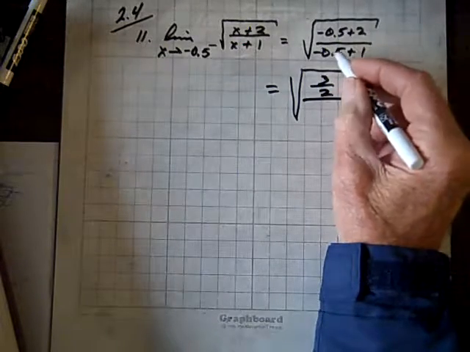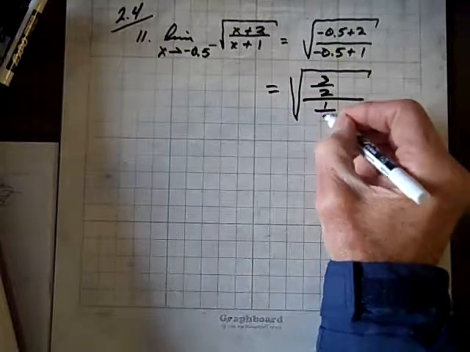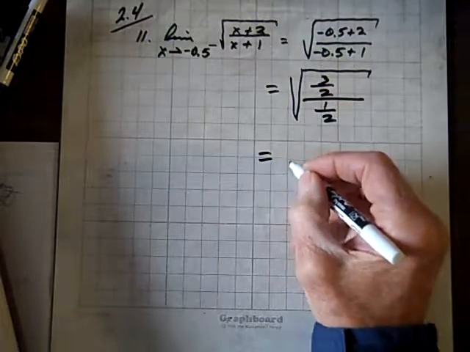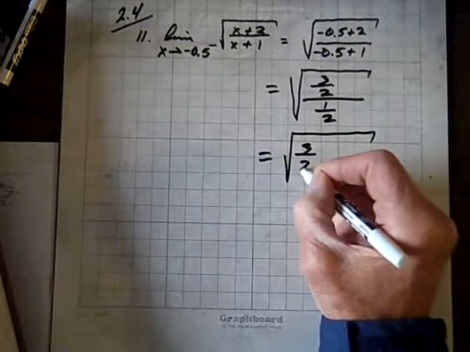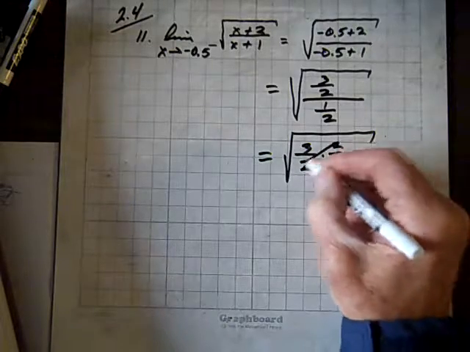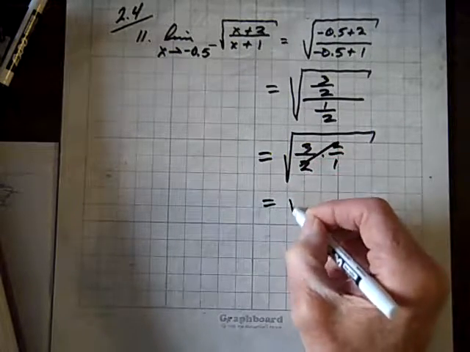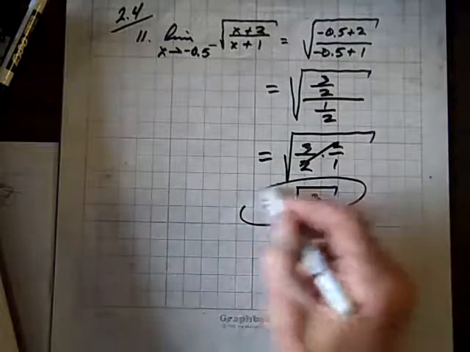And 1 minus 0.5 is 1/2. And now when we invert and multiply, we get the square root of 3 over 2 times 2 over 1, and the 2's divide out, and we just get the square root of 3. And that's what the limit is.